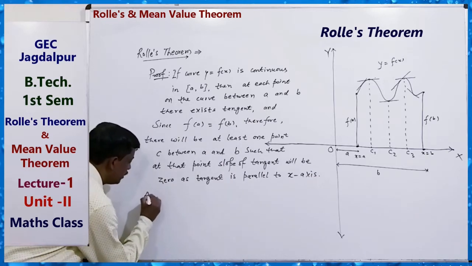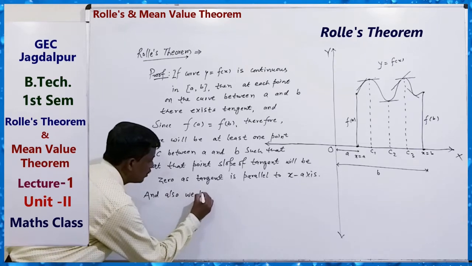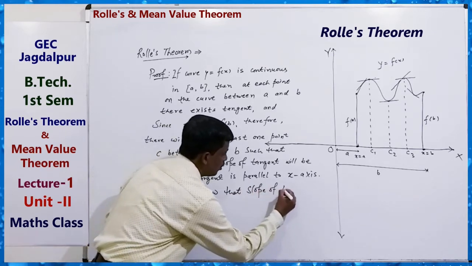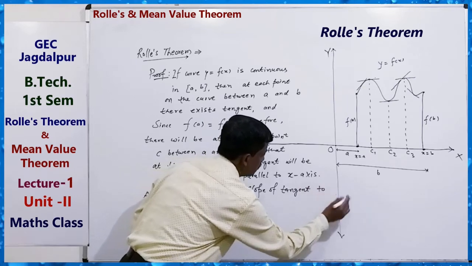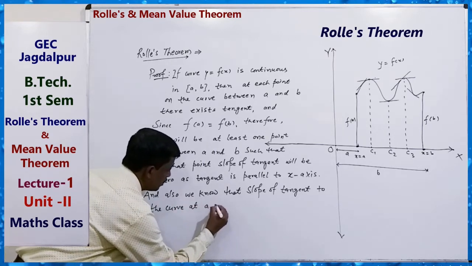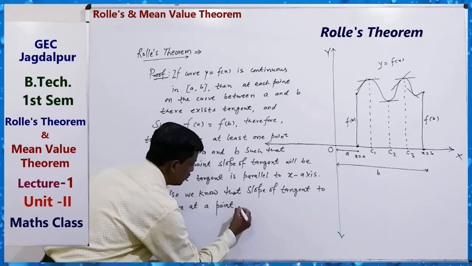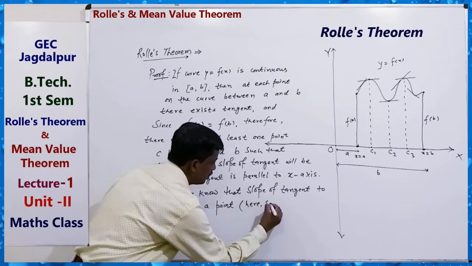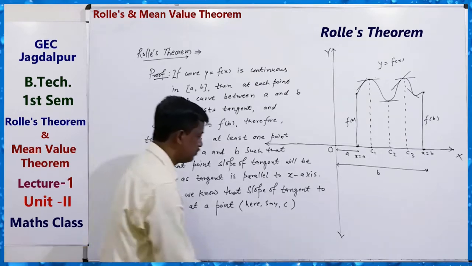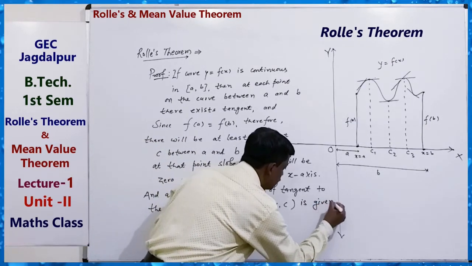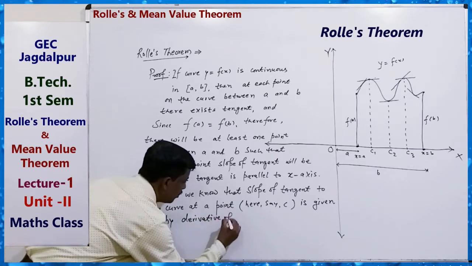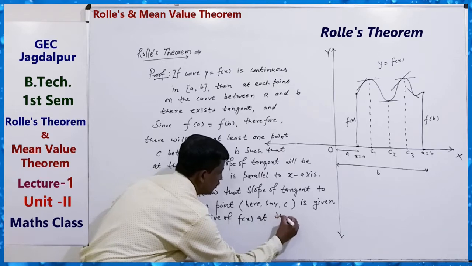And also we know that the slope of the tangent to the curve at a point, here say C, is given by the derivative of f(x) at that point.